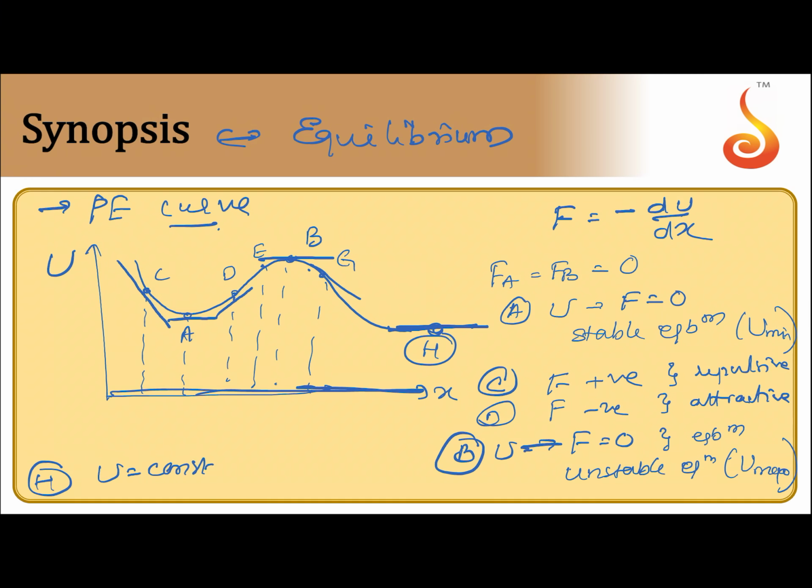And that actually corresponds to du by dx is equal to 0, and d square u by dx square is also 0. And this is what is known as neutral equilibrium position. So we can analyze the equilibrium by considering these details. Potential energy curve helps us in analyzing the equilibrium of a particle.